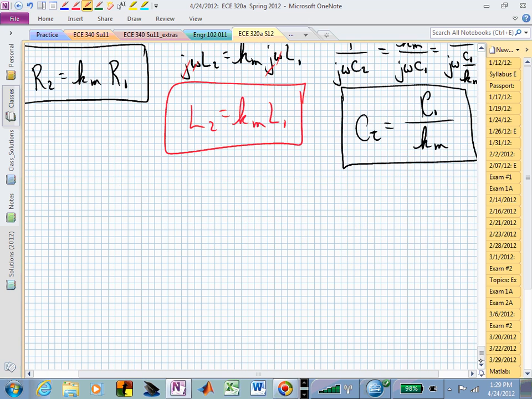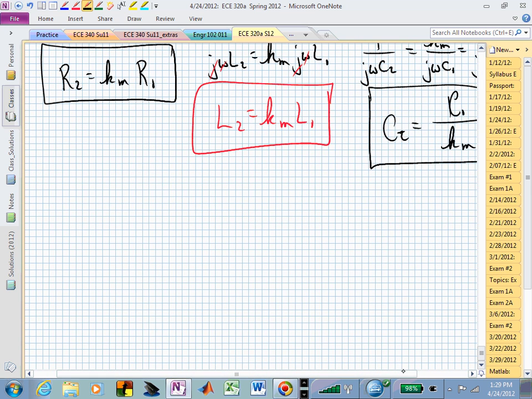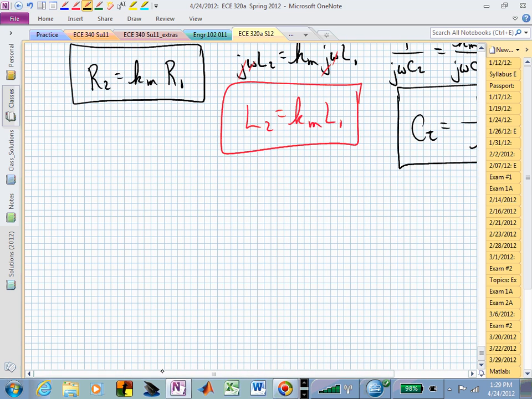Let's now look at how they might scale in terms of frequency. This is going to allow us to change these 1 radian per second bandwidths to whatever bandwidth we might want. So that's why we want to be able to frequency scale.